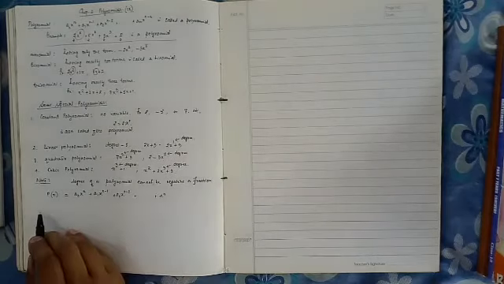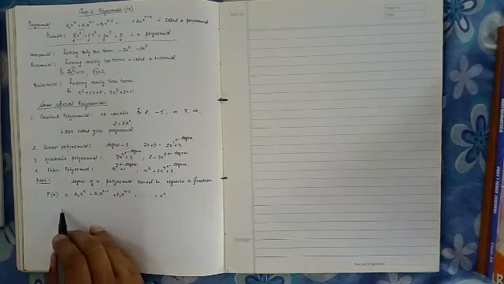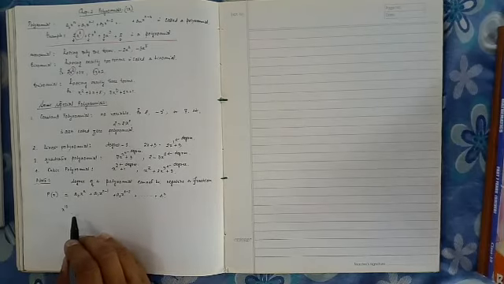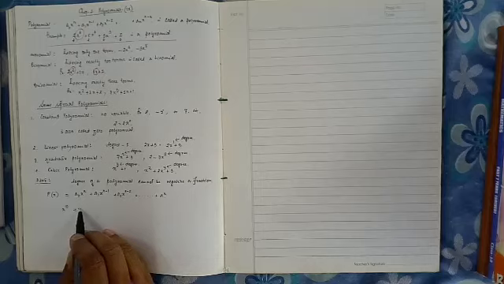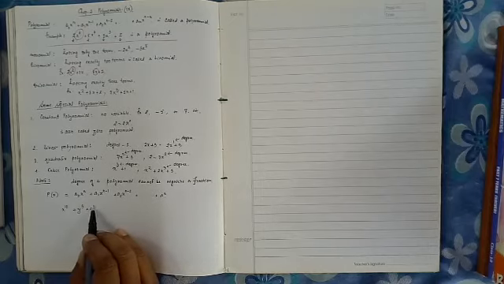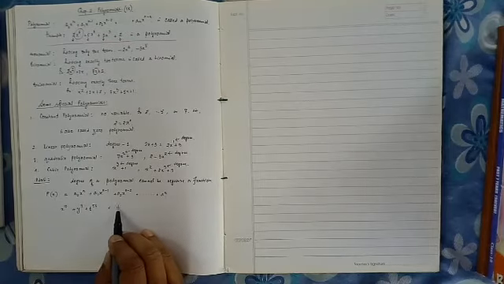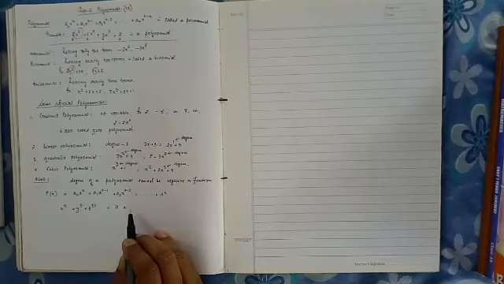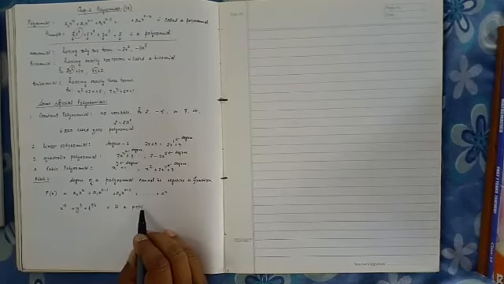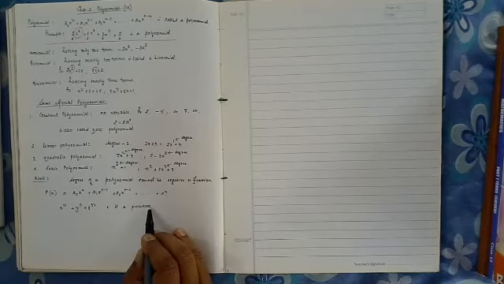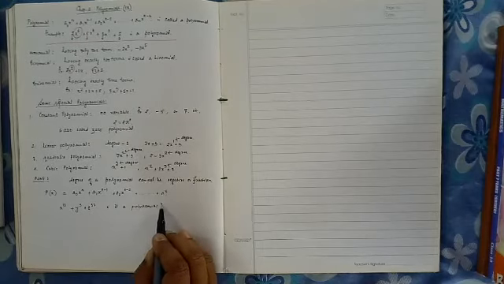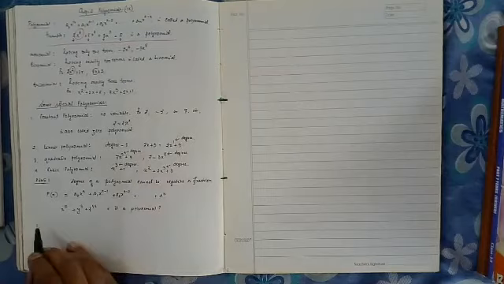Now suppose you are given a question: x to the power 10 plus y cube plus t to the power 50. Is it a polynomial? This is the question. What is the answer?